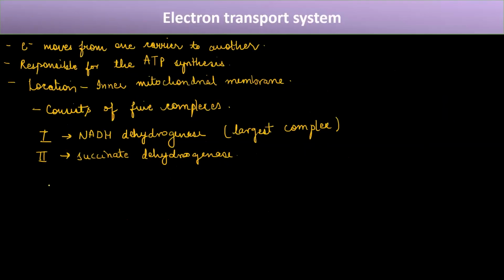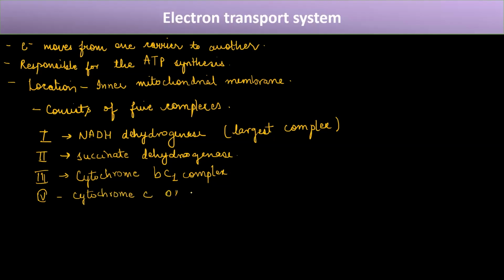Now the third complex is known as cytochrome BC1 complex. The fourth complex is cytochrome C oxidase. And the fifth one is the F0F1 particle.